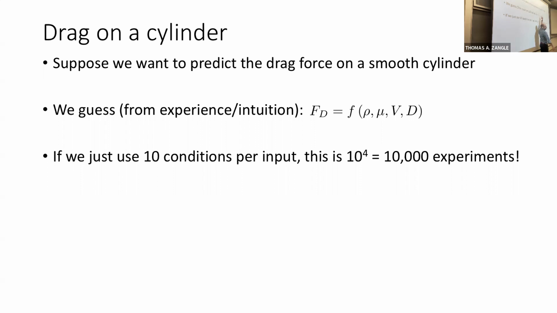So you're going to look at 10 different fluid densities, 10 different viscosities, 10 different velocities, 10 different diameters to try to fill out this big parameter space, and try to figure out a general form for how drag force varies as a function of all these variables. That's 10 to the 4th conditions, right? So you're proposing then to run 10,000 experiments to figure out how drag force varies as a function of these things, which is impractical.